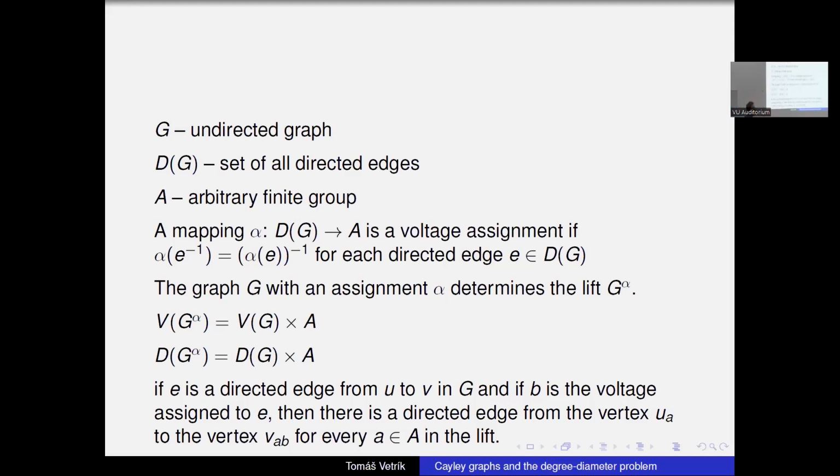As you can see, we are taking G to be an undirected graph. This is our example of a graph G, which is undirected. But in the next step, we are considering the capital DG. So DG will be the set of all directed edges.